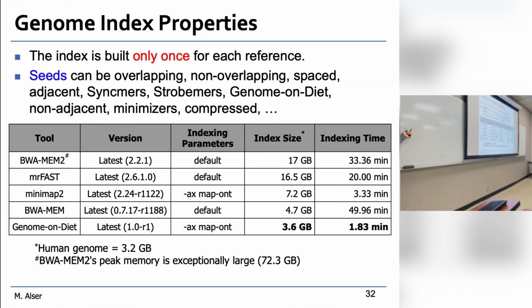You ignore 2 characters in every seed, for example. That is spaced because you allow for some space within the characters. That's why we call it spaced. If you allow for 2 characters, you should allow 2 characters in every seed, in the exact same location. So you still get the exact same number of seeds. It won't change the number of seeds, but it will change the content of the seed.